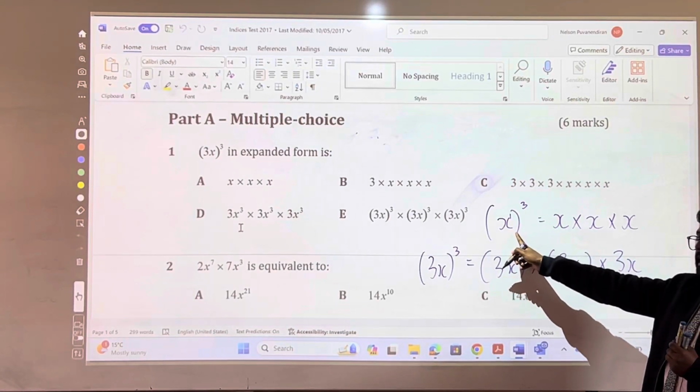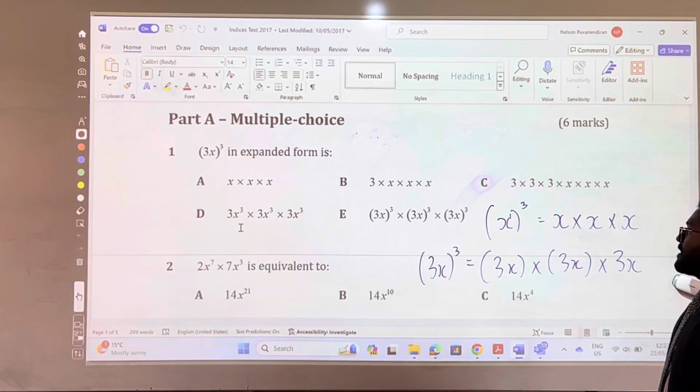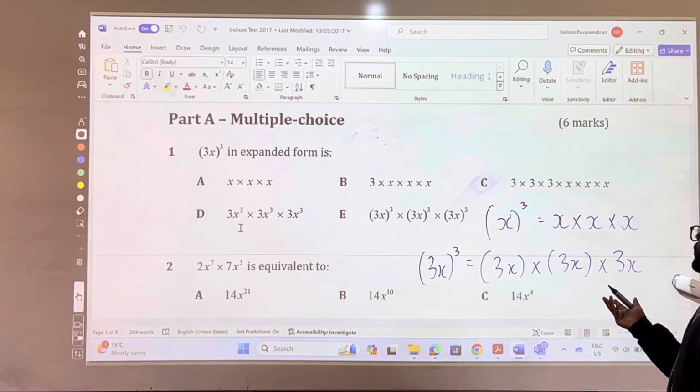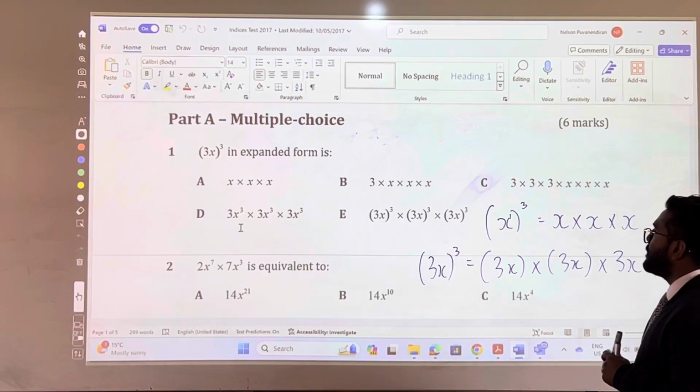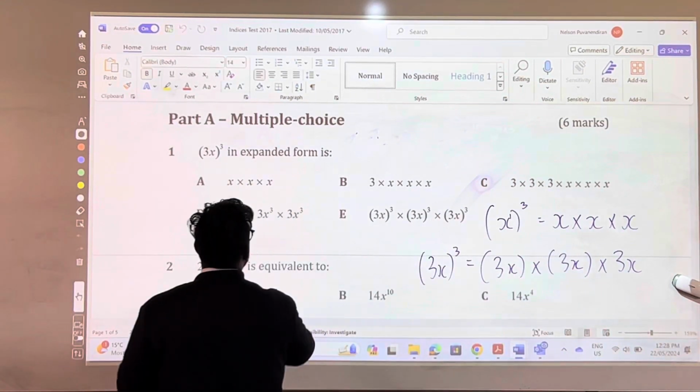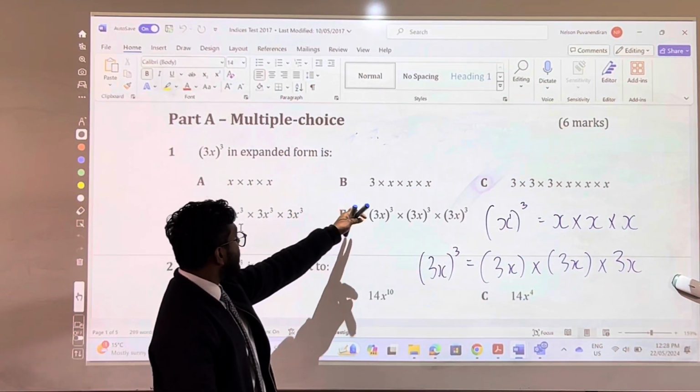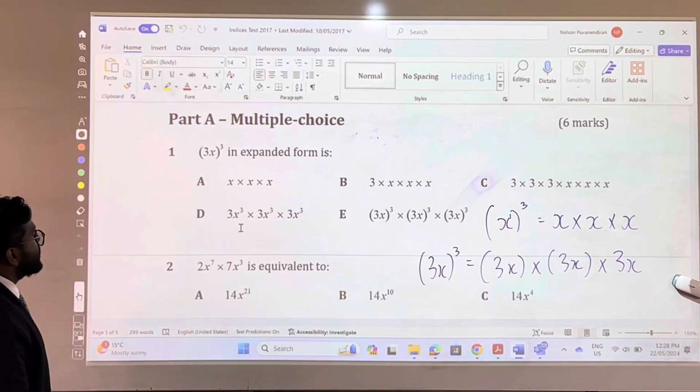So in this scenario, x cubed means x times x times x. 3x cubed essentially just means 3x times 3x times 3x. So where is that? It's definitely not this one, because that's x times x times x. It's not B, because that's just 3 times x times x.